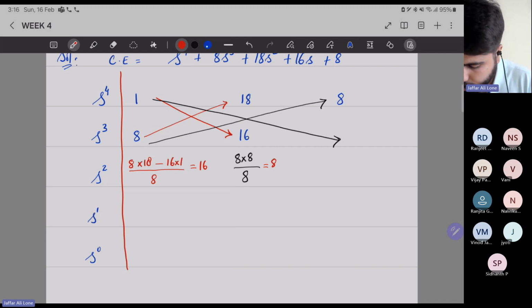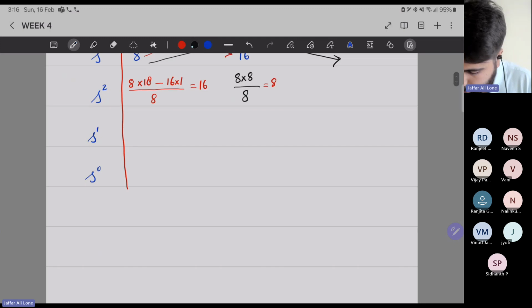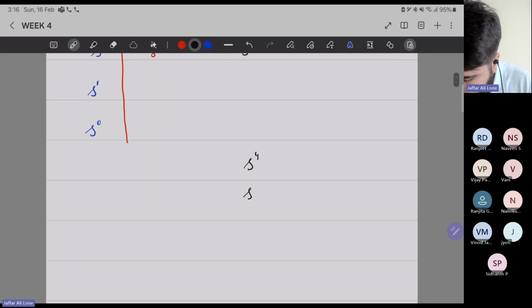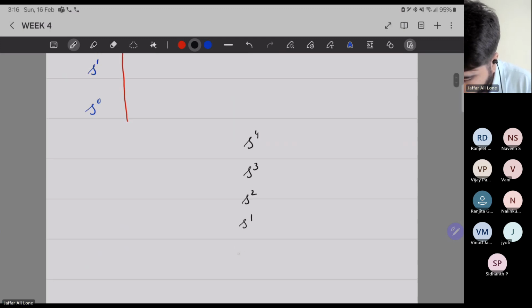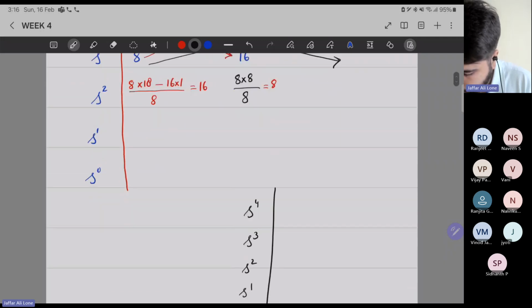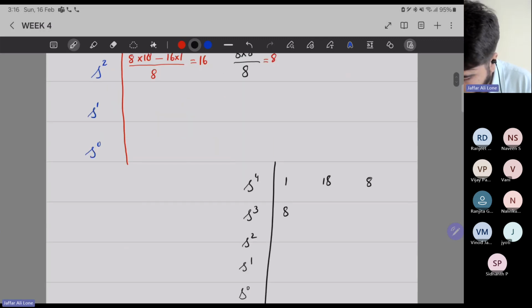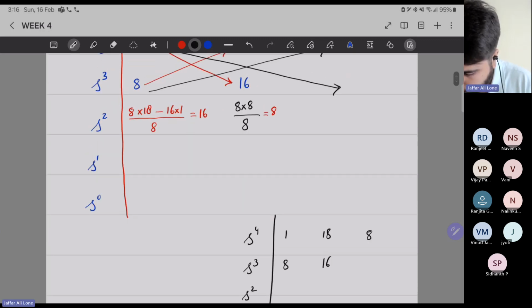So I'll do it like this. s^4, s^3, s^2, s^1, and s^0. So we have 1, 18, 8 in the first row, 8, 16 in the second, and 16, 8 in the third.